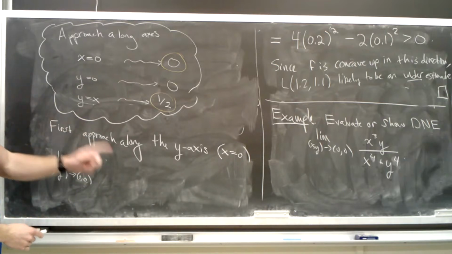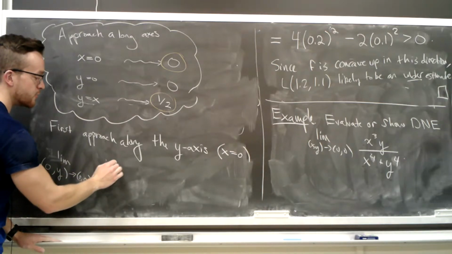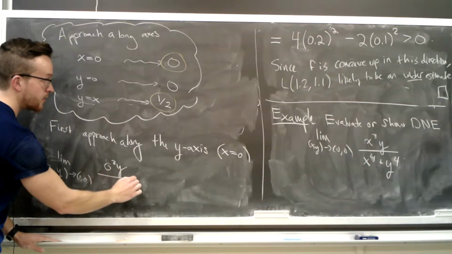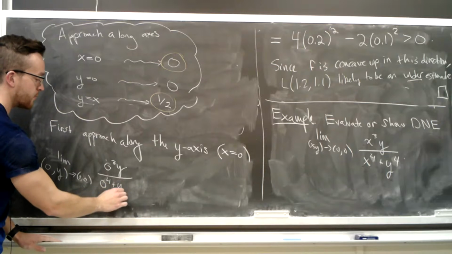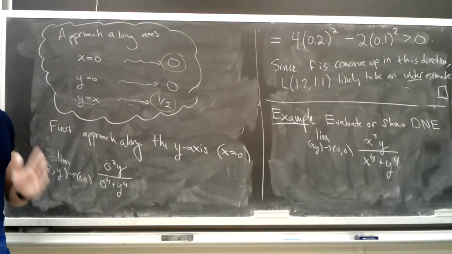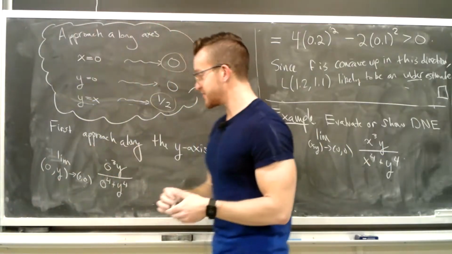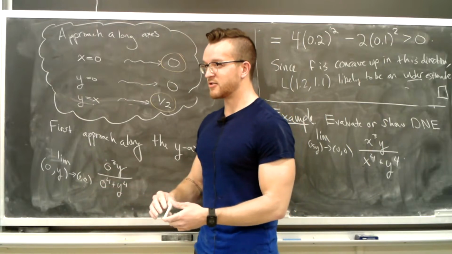Now, if I set x to be 0, in the numerator, I'll get 0 cubed times y over 0 to the fourth plus y to the fourth. And then the one thing that gets tricky about this kind of stuff, and this was the question that came up, is like, how is this still not an indeterminate form?